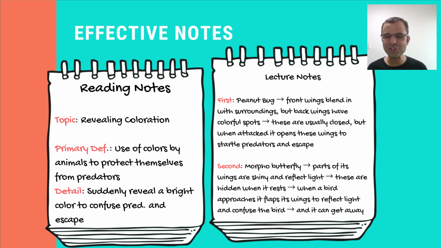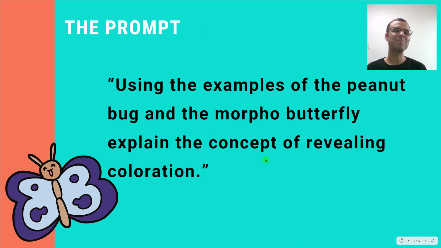I do encourage you to answer as many practice questions as humanly possible before you take the test. Practice will make your note-taking a lot easier. I promise. That's guaranteed. Practice makes perfect. So, in this case, I do want to remind you that the prompt of the question is, using the examples of the peanut bug and the morpho butterfly, explain the concept of revealing coloration.